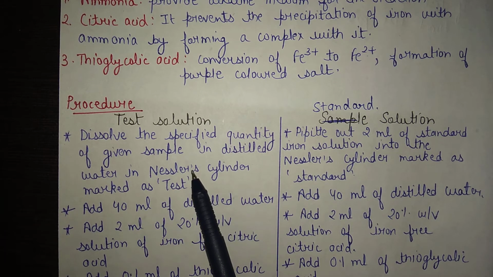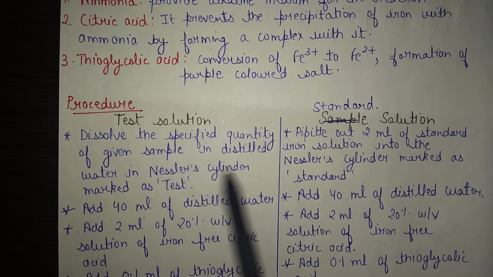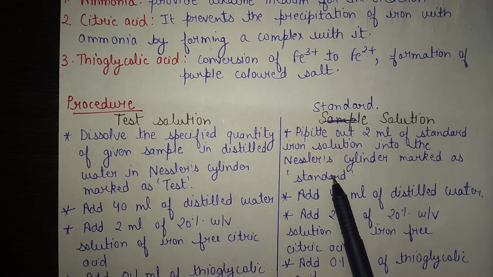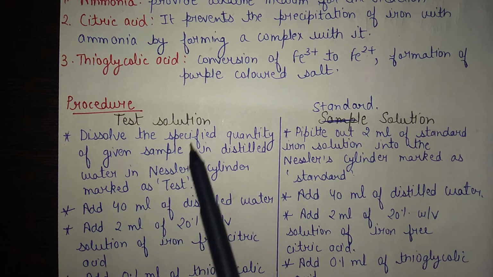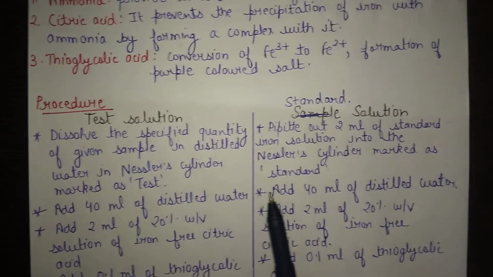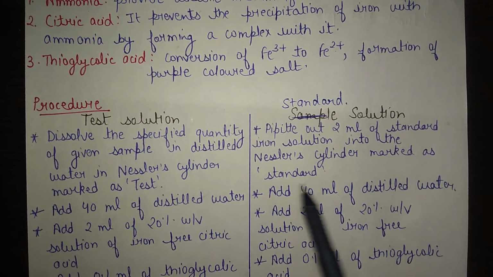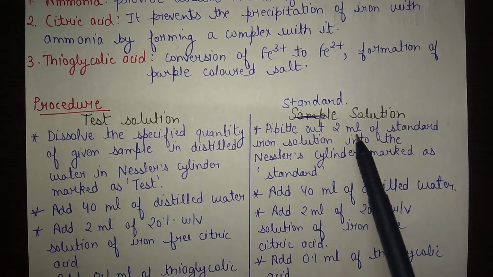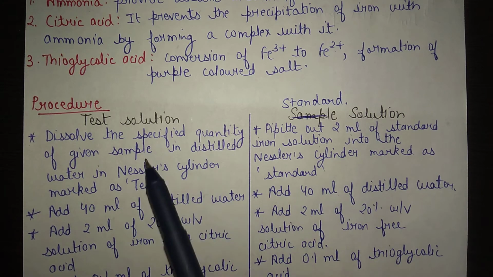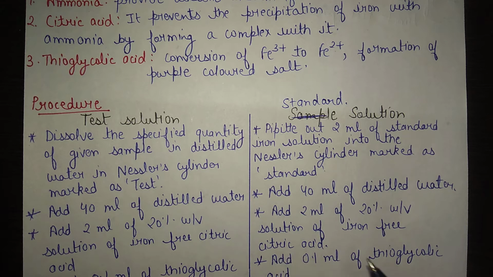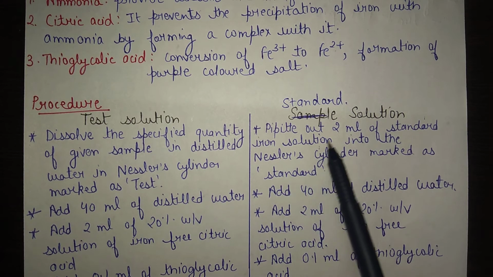So we will take two Nessler cylinders. One we will mark as test, the other we will mark as standard. In the test cylinder we will dissolve the specified quantity of sample, and in the cylinder marked as standard we will pipette out 2 ml of standard iron solution and add that into the Nessler cylinder.